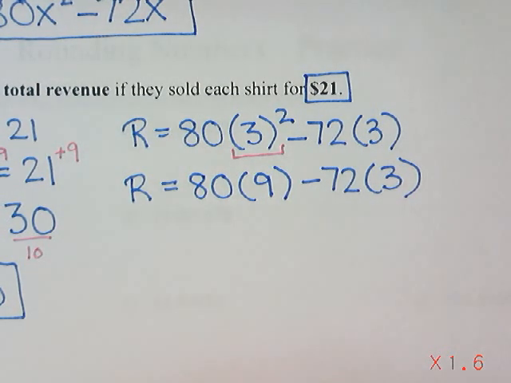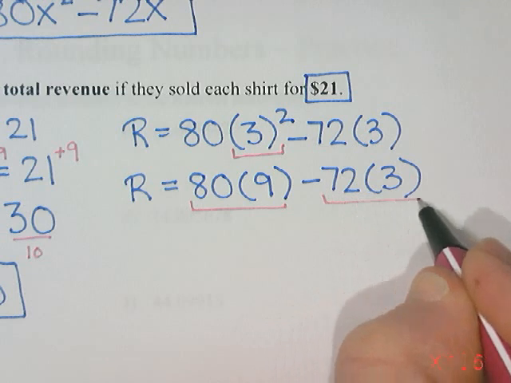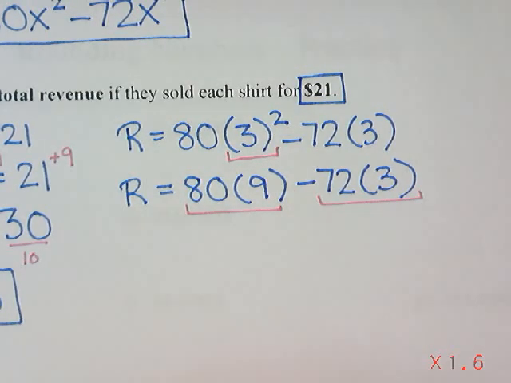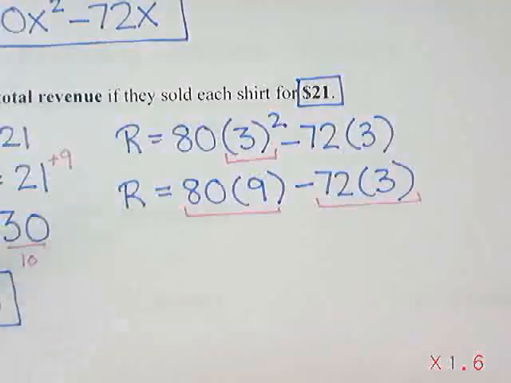From there, I would move on to any multiplication or division. I do have 2 different things being multiplied, and because they're separated by a minus sign, I can actually do both of them at the same time. So I'm going to do 80 times 9, which is 720.